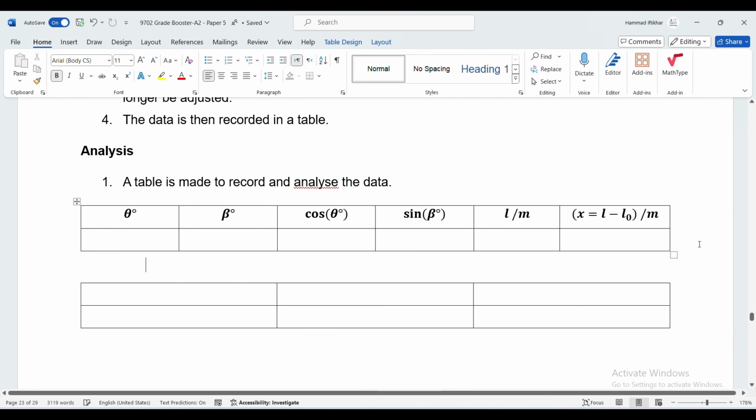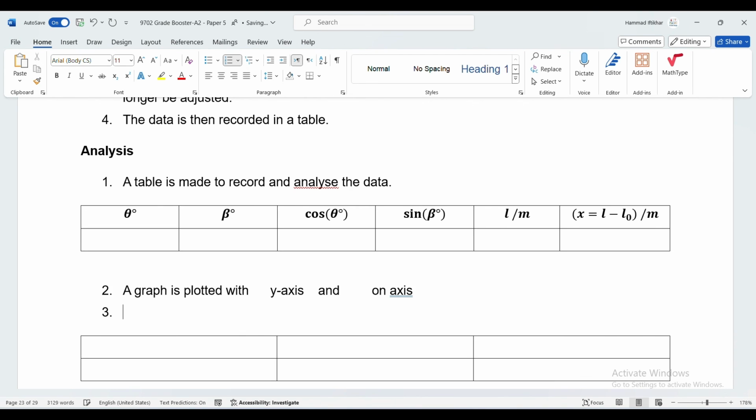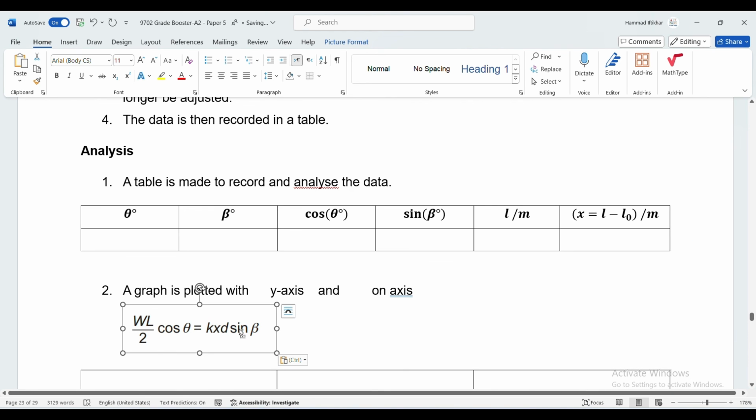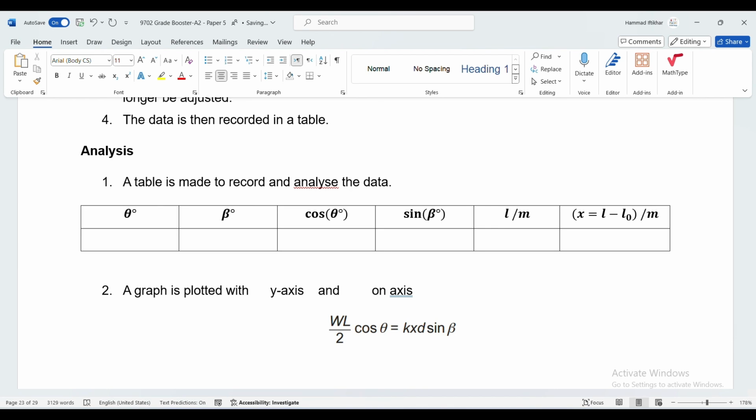So now we need a graph. A graph is plotted with something on the y-axis and something on the x-axis. Okay, so let's see what it is going to be. When we look at this expression, we were varying theta and x was our dependent variable, right?